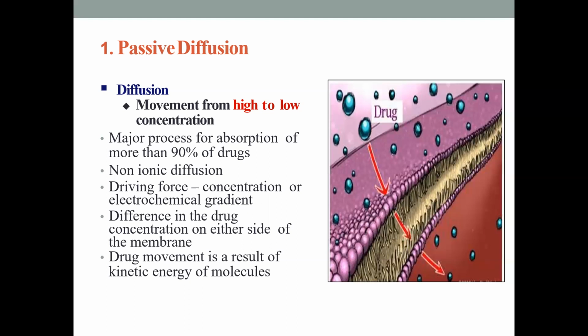Passive diffusion is also called electrochemical gradient or non-ionic diffusion. It mainly follows Fick's first law of diffusion, which is related to the movement of drug from high to low concentration.